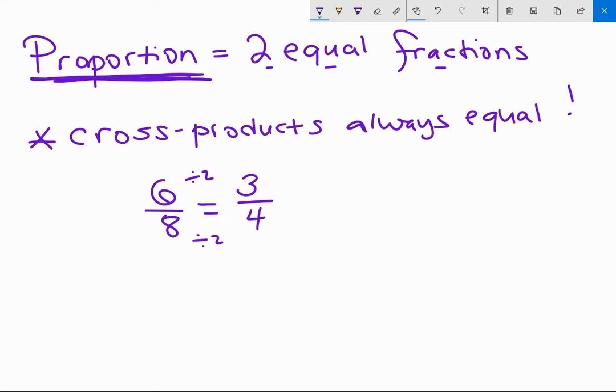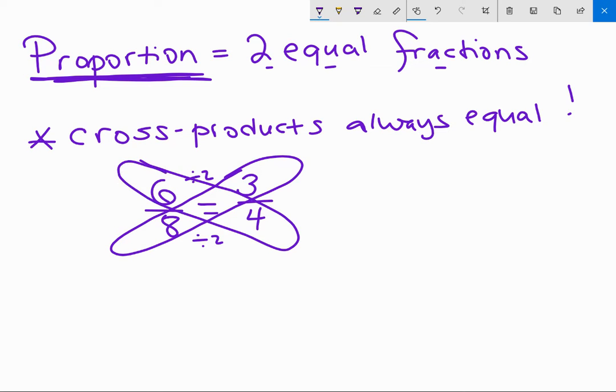But there's something really interesting when you have two equal fractions. If you multiply these two sets of numbers, sometimes we call this the butterfly method. If I multiply the 6 and the 4 in this problem, I get 24.